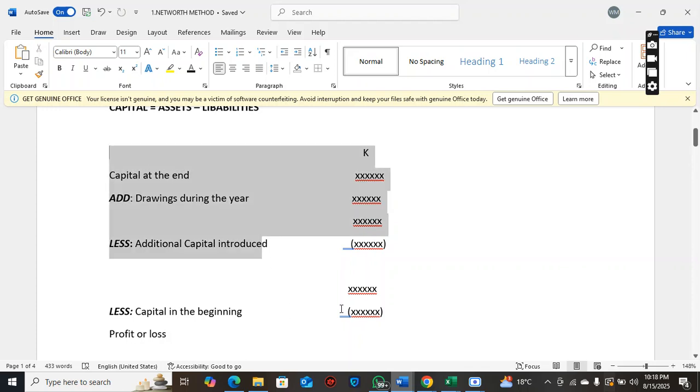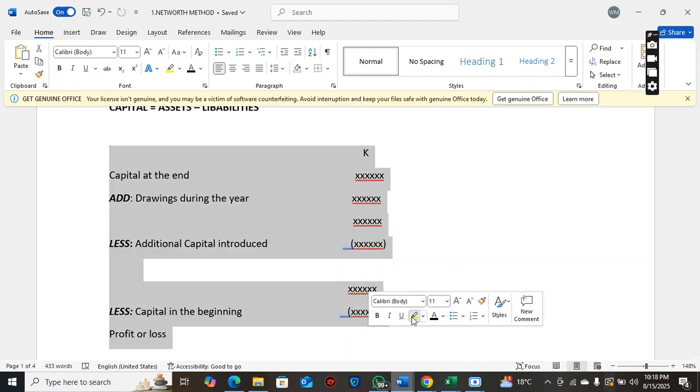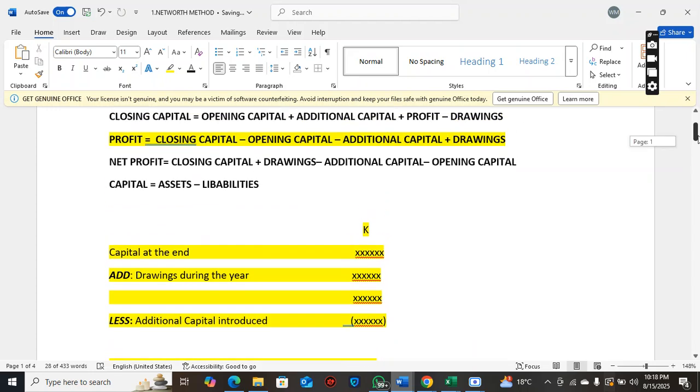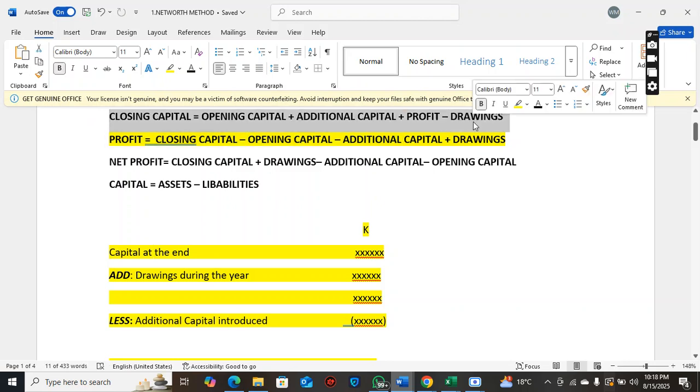So this is similar to this, which I've highlighted in yellow. This formula in yellow is the format that I've put down. So you don't need to memorize this. If you remember how a balance sheet is made, you can always start from this. This is the one which you need to remember in the balance sheet.